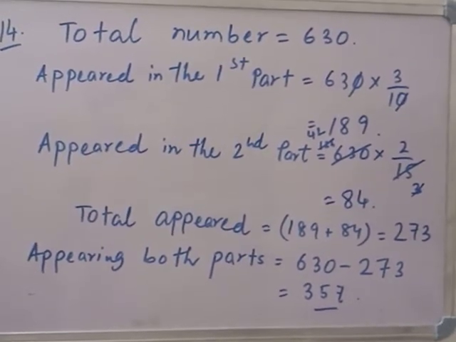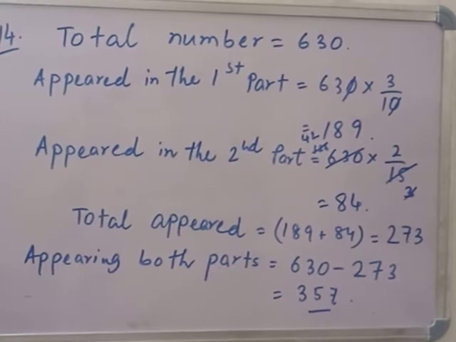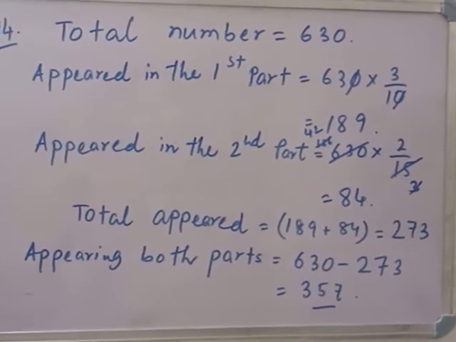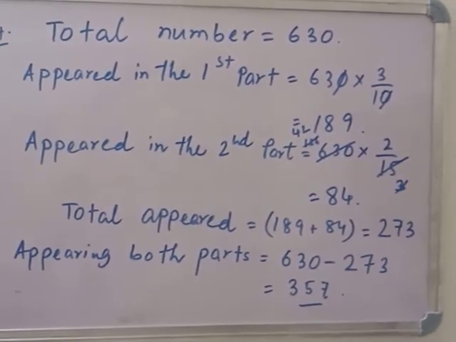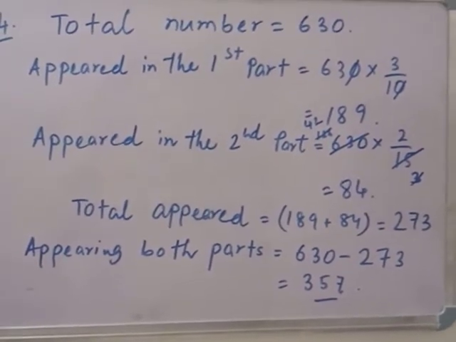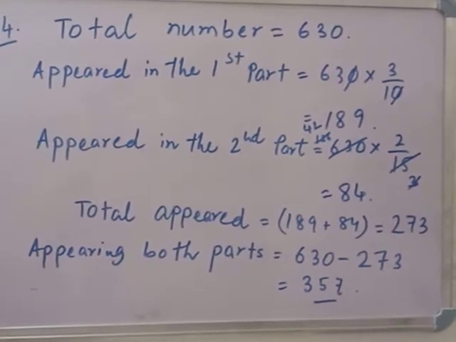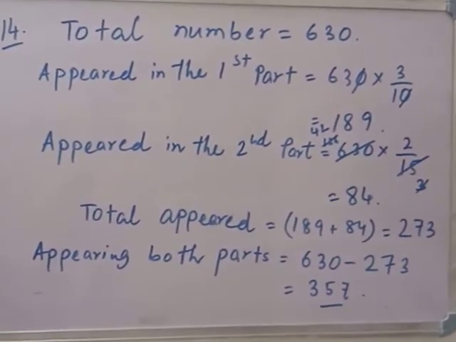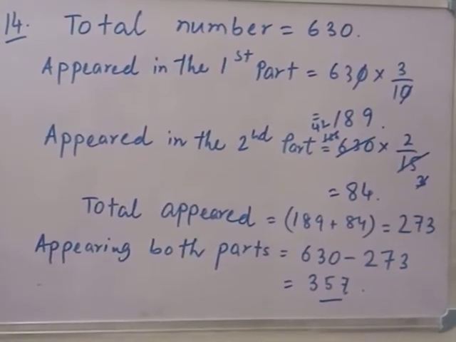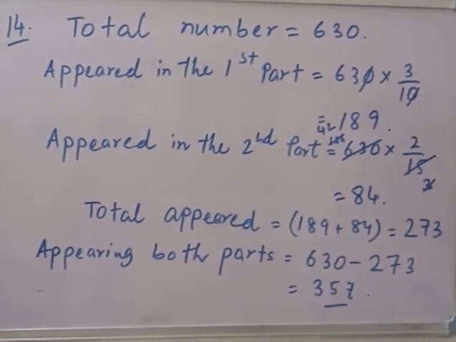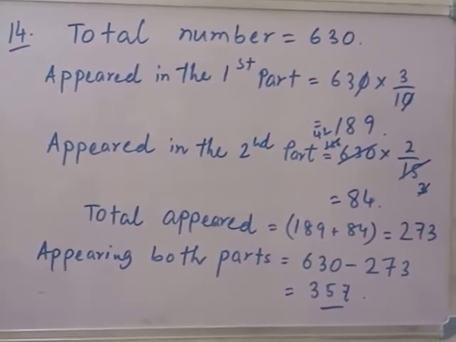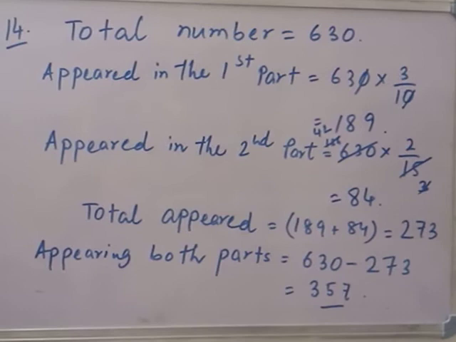After cancellation, we get 84. So the total number appeared is 189 plus 84, that is 273. So those appearing in both parts is the total number of candidates minus those who appeared in the first part and those who appeared in the second part, that is 630 minus 273, that is 357. So 357 candidates appeared in both parts of the exam. Okay.